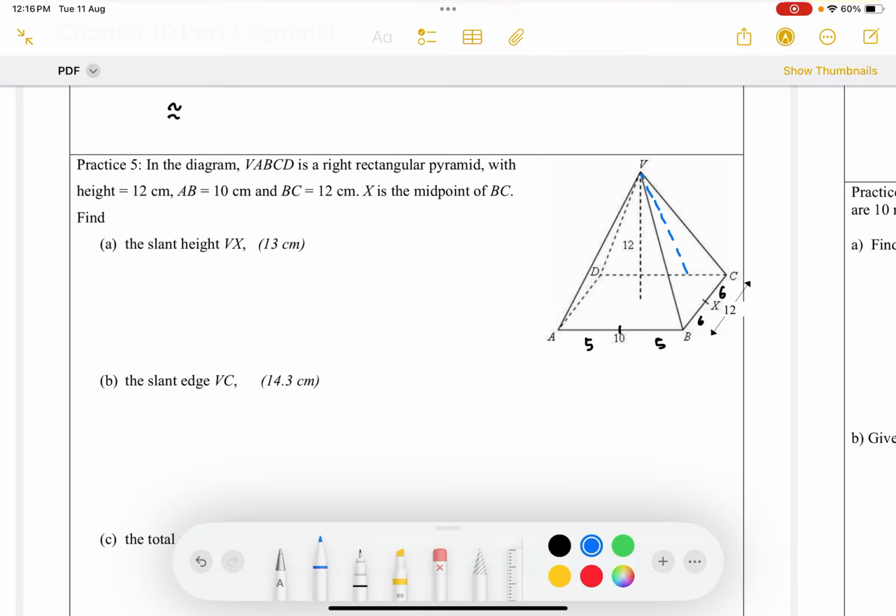That requires you to form your right angle triangle again. VX, our base of this triangle is going to be 5. So this portion is the same as this portion. That's 5. By Pythagoras theorem, go and figure out what is VX. Do this now. The slant edge VC. So let's find where VC is.